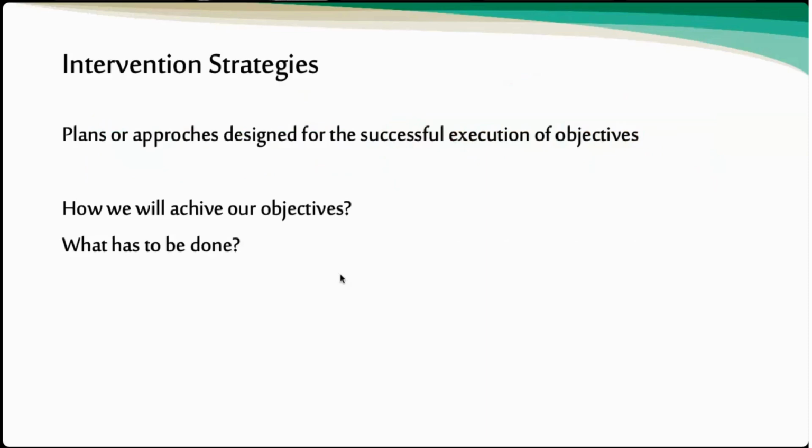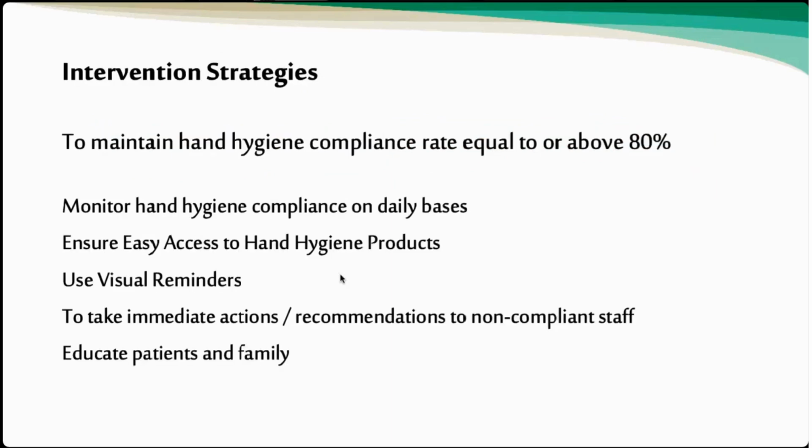So now we will move to the intervention strategies. The strategies are the plans or approaches designed for the successful execution of objectives. So it tells us how we will achieve our objectives and what has to be done to achieve them. Like we said, our objective earlier was to maintain hand hygiene compliance rate equal to or above 80%.